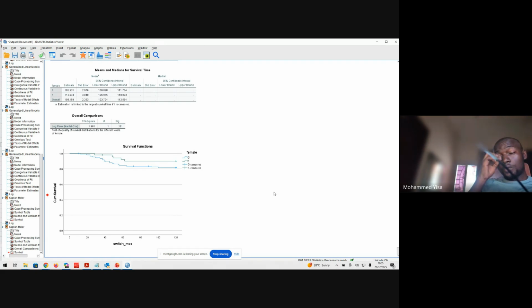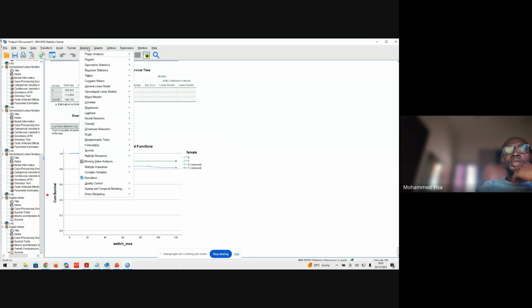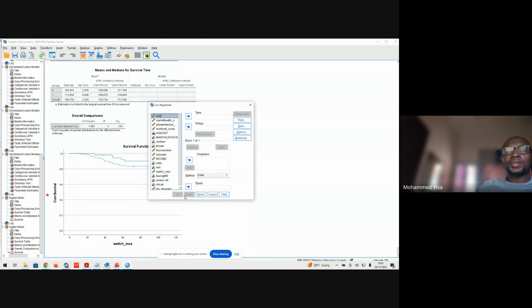So for the Cox proportional model, we are modeling the risk of that event of interest happening. So our event of interest is leaving medicine. So we are modeling what's the risk of leaving medicine between men and women. And we would come here to the same menu, survival, and would come to Cox regression.